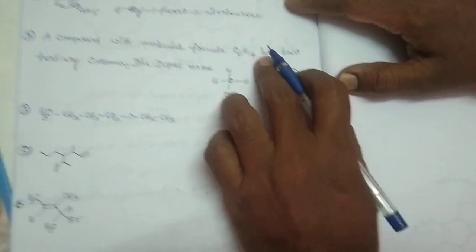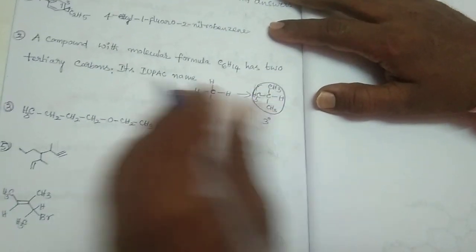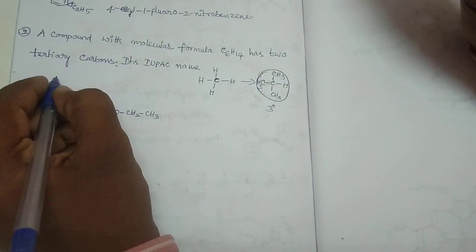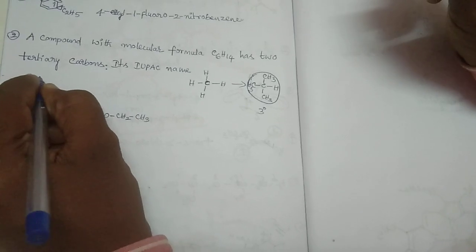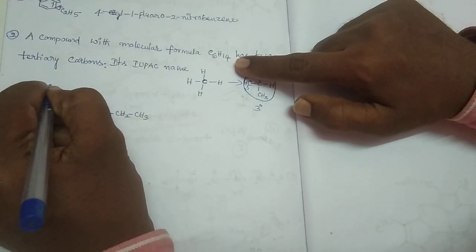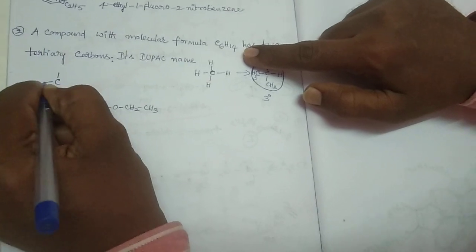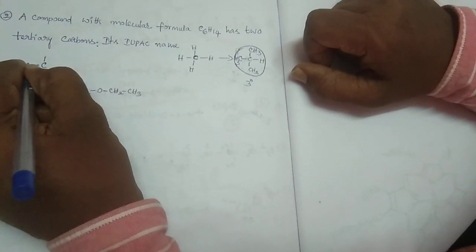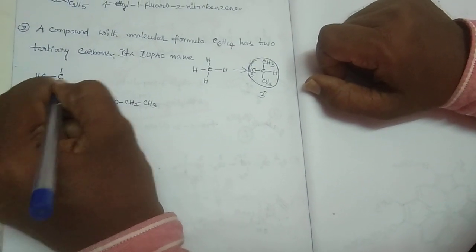So here you can see C6H14 molecular formula, there are 2 tertiary carbon atoms. First we will try to write where we can get the 2 tertiary carbon atoms in the molecular formula C6H14.